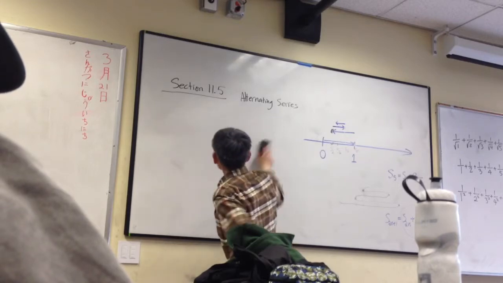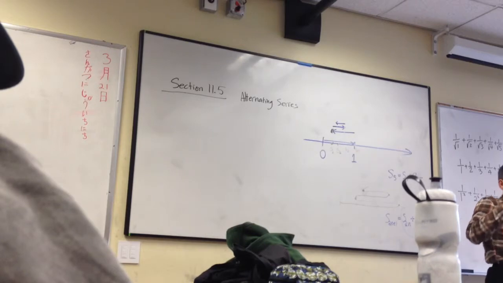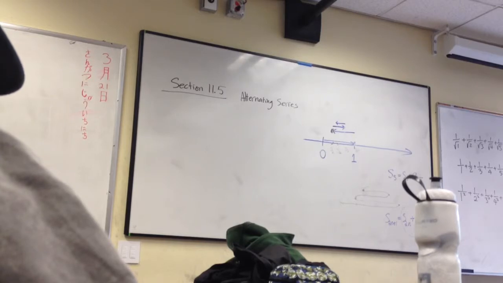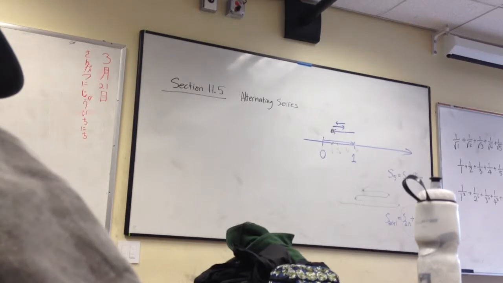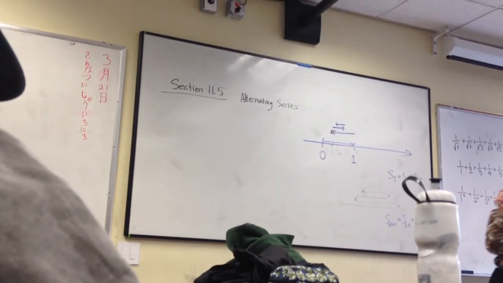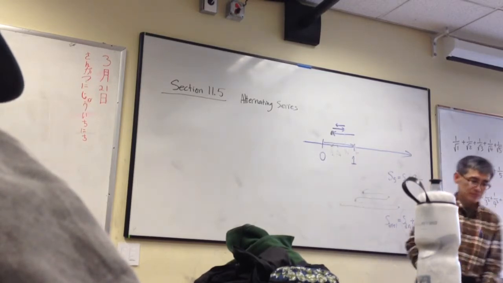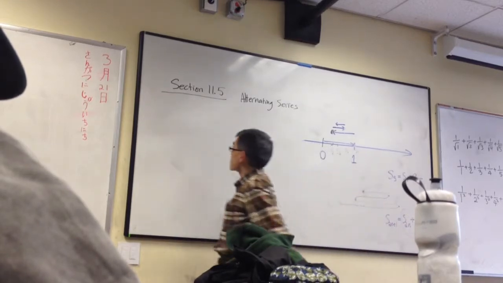So the key point here is that these steps keep getting smaller and smaller, and the direction keeps alternating. So these two features: it's alternating, and secondly, the step size gets smaller and smaller. So how do I polish this up and make a statement? The statement is this.